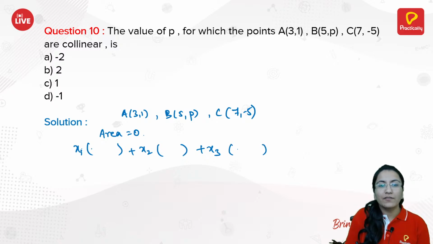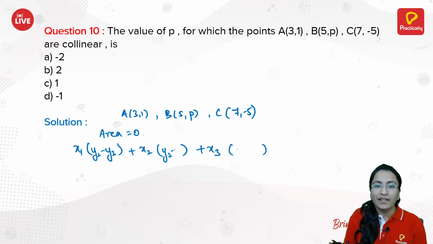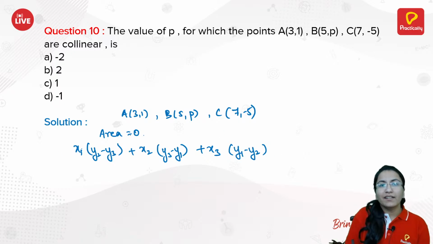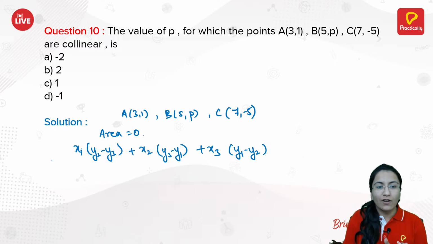If you have x1, then you write y2 minus y3. If you have x2, you write y3 minus y1. If you have x3, you have y1 minus y2. I have already told you many times how to remember this formula. So even if you haven't recalled it yet, you can go and see my one-shot sessions on how to remember this formula, right? If you get confused while writing, this must be 0, right?